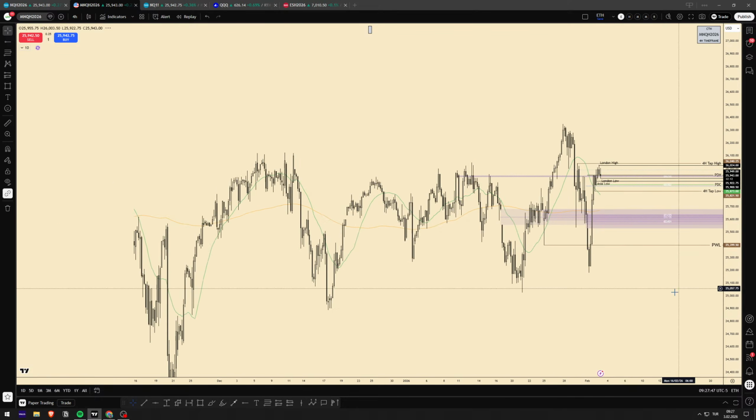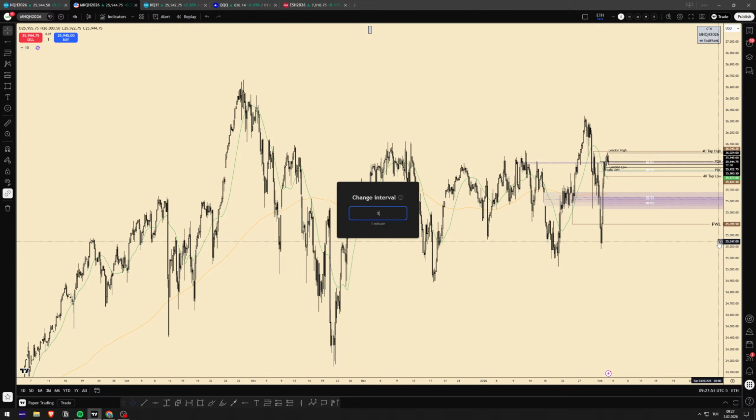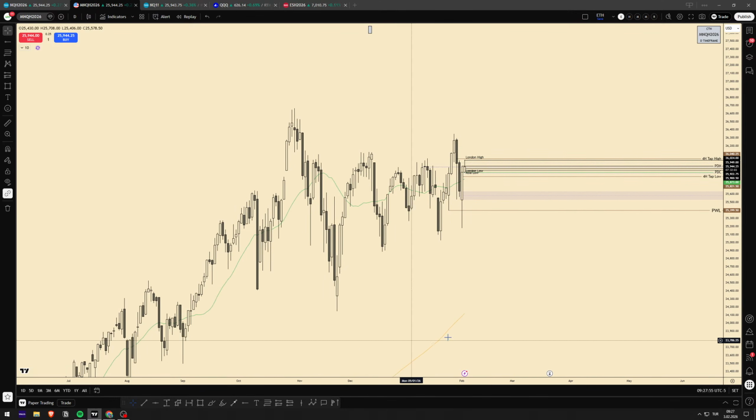The daily chart is range bound. You can see, open the daily chart, it's pretty range bound. Price is doing mean reversions after sweeping the extremes of the range, or the liquidity close to the extreme of the range.